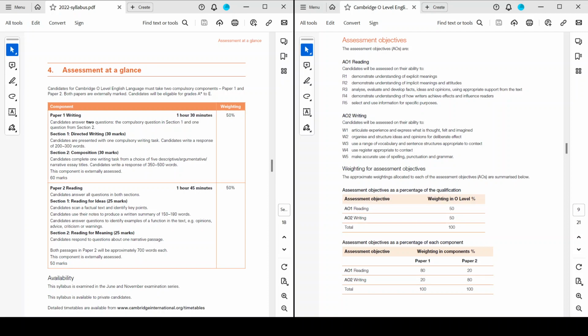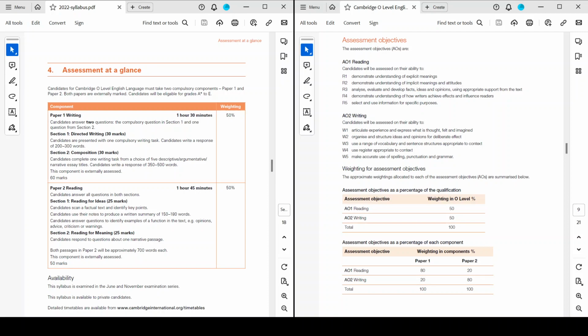So again, an overview. The reading paper and the writing paper have a touch of the other. Paper one, which is the reading paper, is obviously highly focused on the reading objectives, but it has a touch of the writing objectives as well, because you'll be writing out the summary or the comprehension answers.